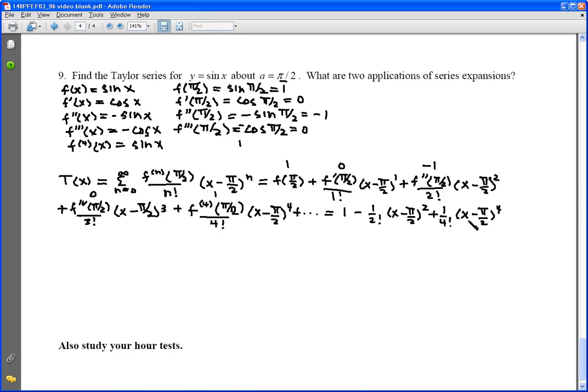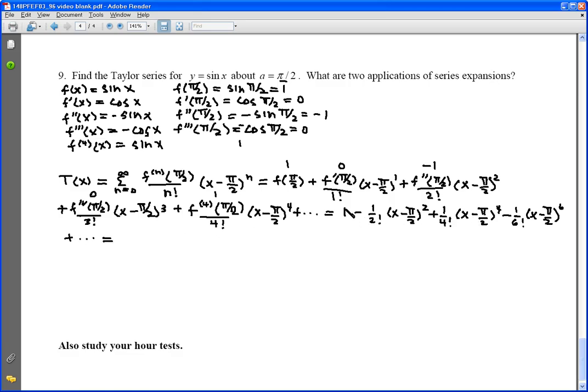And then the n equals 5 term is going to drop out, and then the n equals 6 term is going to return, and it's going to have a negative, so it would be minus 1 over 6 factorial, and then this will be (x minus pi over 2) to the 6th power, and plus dot dot dot.